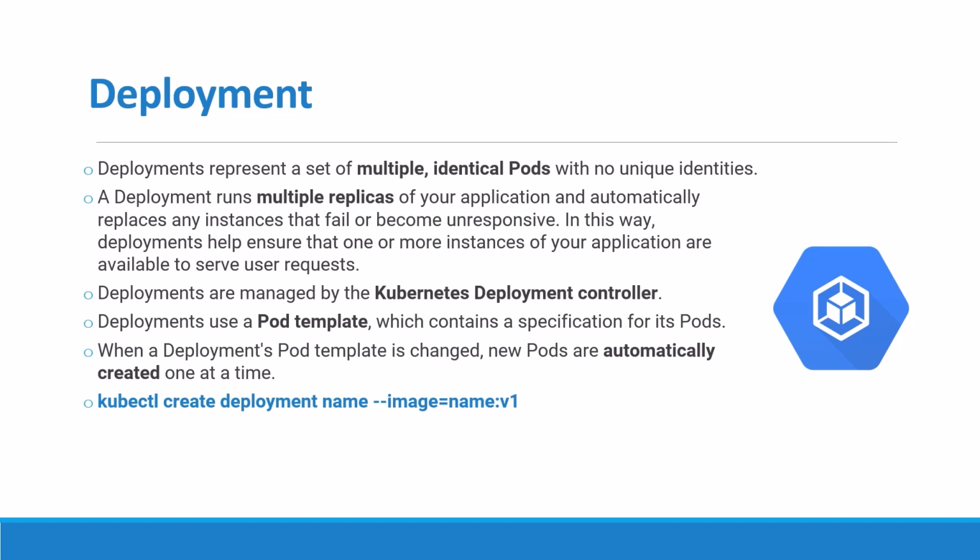This is a Kubernetes specific command. Kubectl create deployment and the name of the deployment, and you have to specify the --image, and you have to specify the image with a version. In the next video, while we're creating a deployment, I'm going to explain it in more detail, and we'll see some examples.